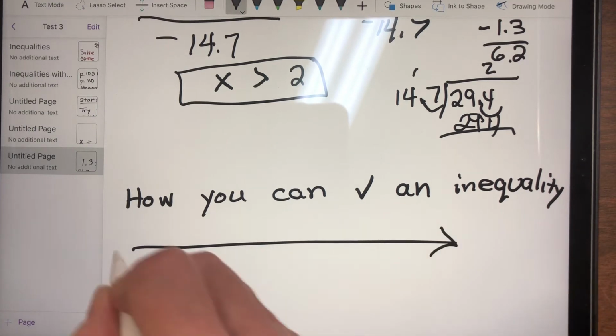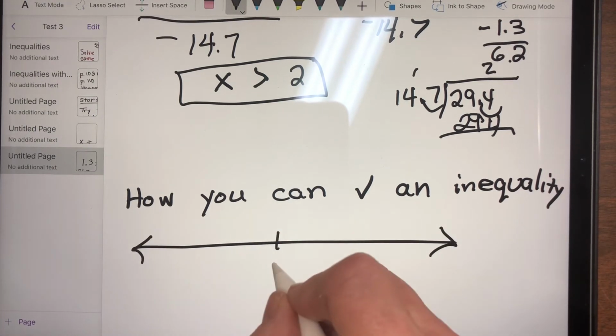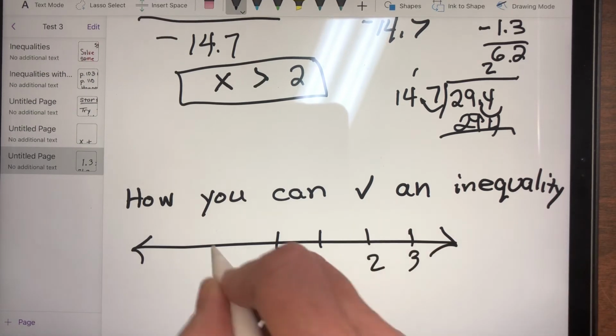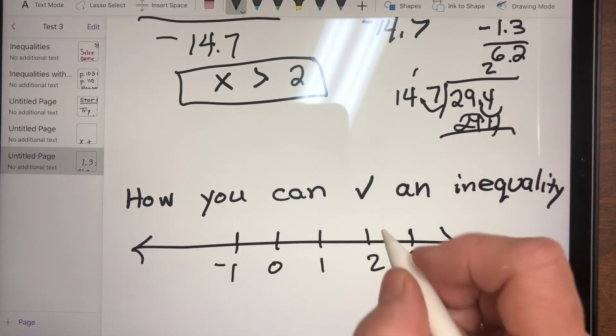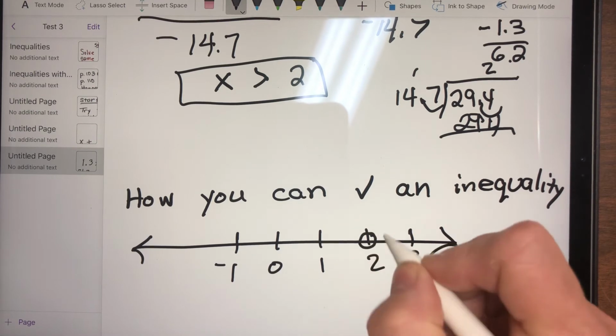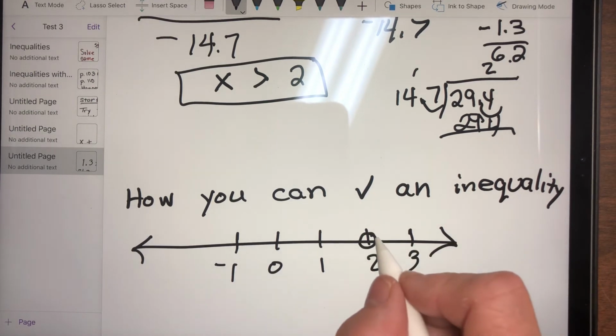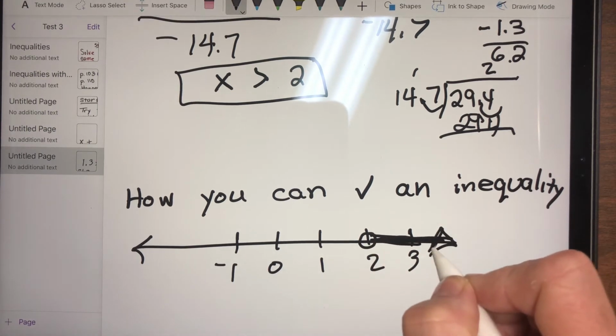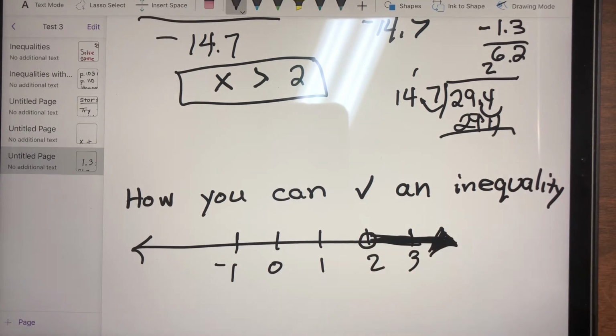The graph looks like this. And we're going to put a circle around the 2. We will not color it in. And it's all the numbers greater than 2, not greater than or equal to. So how can we tell if the 2 is the right number, if this little circle is the right number? Can anybody have any idea?